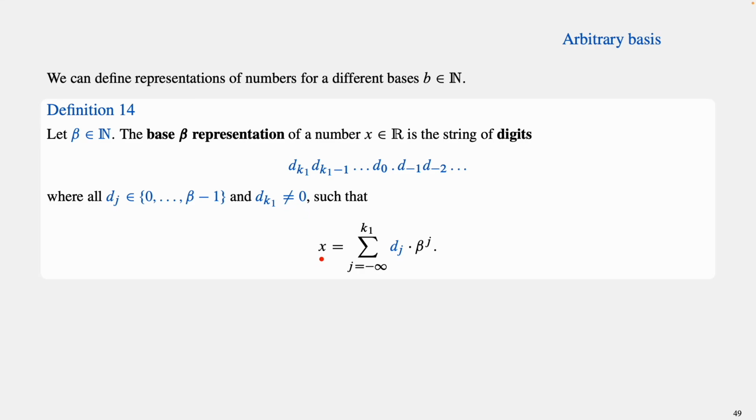So we have that x is equal to the sum from j equal minus infinity up to k1 of d_j times beta to the power of j. Okay, so we have exactly the same as before, only we have replaced the base 10 by some other number beta.